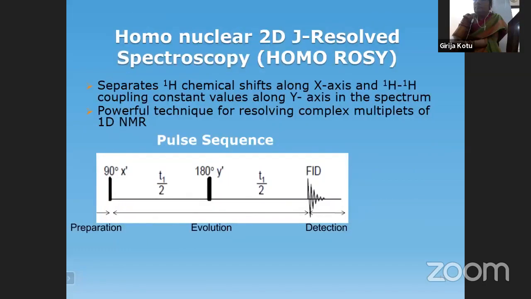Next, in homonuclear 2D J-resolved spectroscopy, in short called homo-JRES, what exactly is happening? Where do you observe the homonuclear couplings? When we talk about NMR spectroscopy, my interest is only on organic molecules.